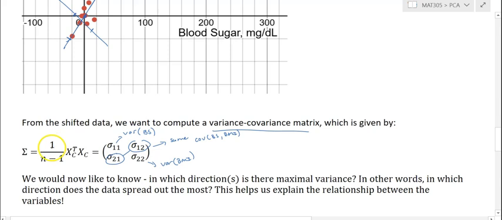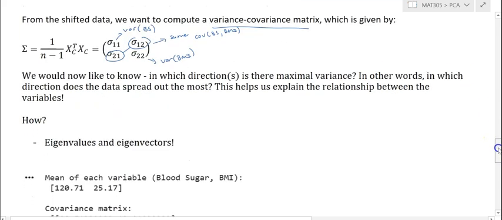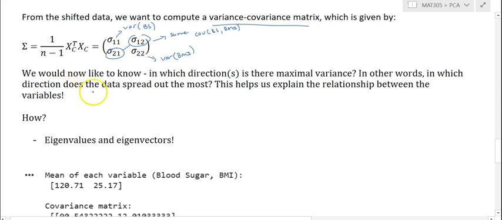Notice that it's 1 over n minus 1, which is the sample variance, and then it's going to be the transpose of Xc times Xc. Again, what this will produce is the variances and the covariances. You can put that together and see how that works if you want.